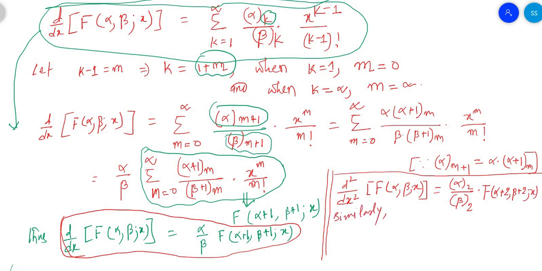Similarly, in general, we can write d^n over dx^n F(alpha; beta; x) is equal to (alpha)_n over (beta)_n F(alpha plus n; beta plus n; x).